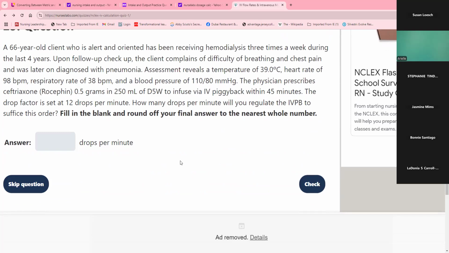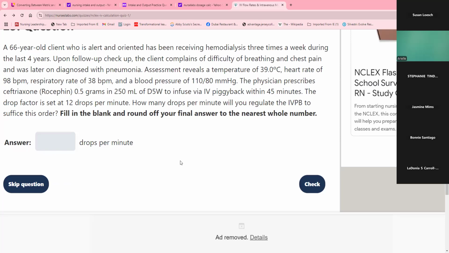Okay. So for both of those problems, let's start with mLs per hour. With mLs per hour, what's going to be your formula? Total volume over your time in hours, right? What in this question represents volume?